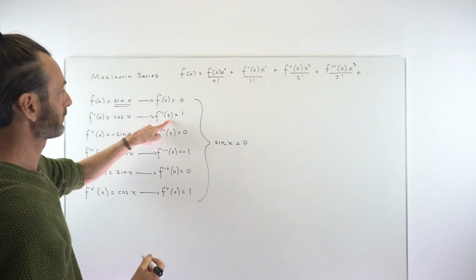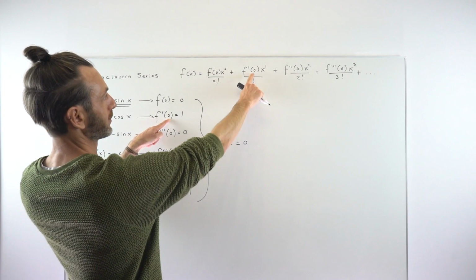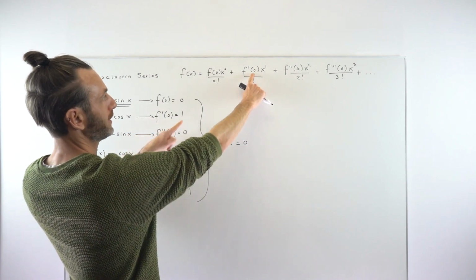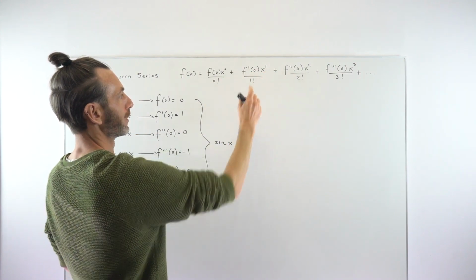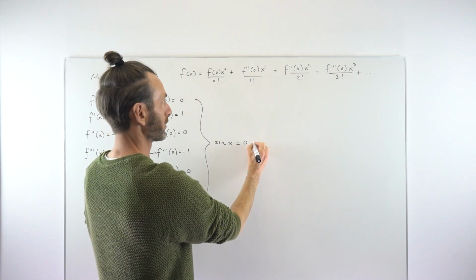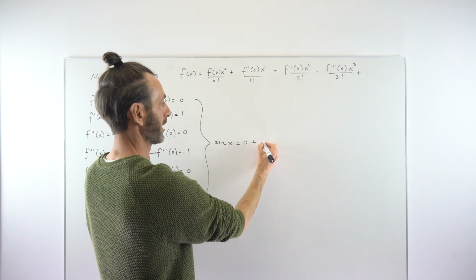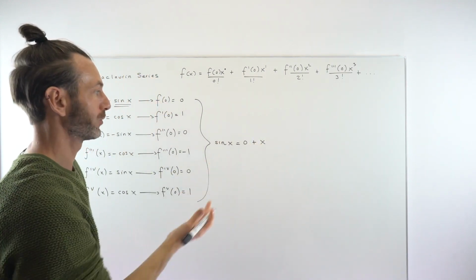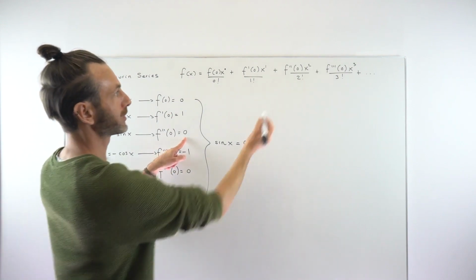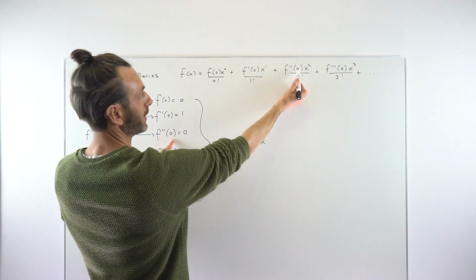Then we're taking f prime, the first derivative at 0, so this guy here, which is 1. So it's going to be 1 times x to the 1 over 1 factorial. So that's just going to be plus 1 times x to the 1, which is just x. 1 factorial is just 1, so it's x over 1, which is just x. The third term, f prime prime 0, is this guy here.